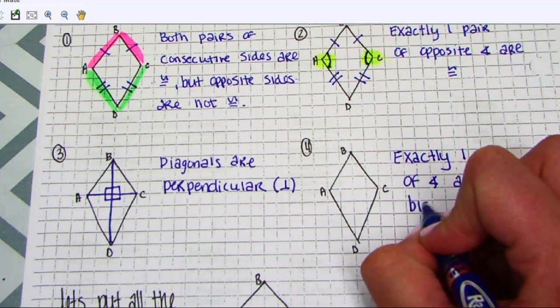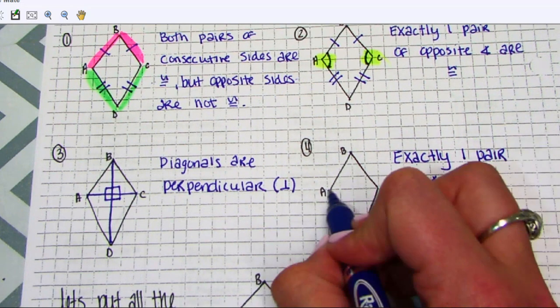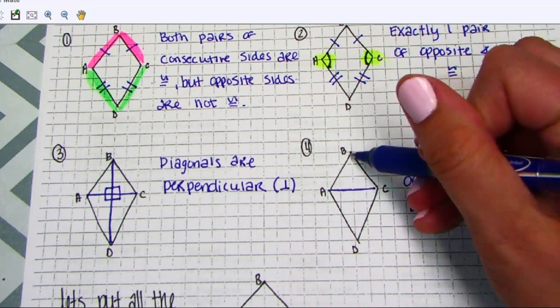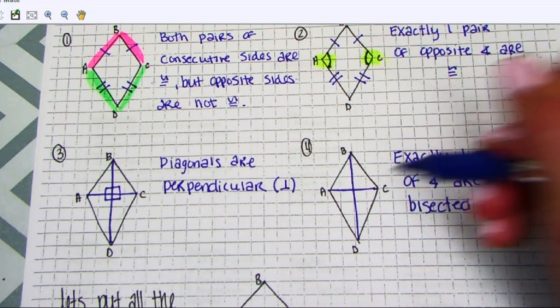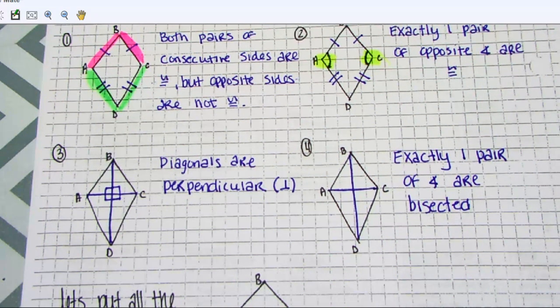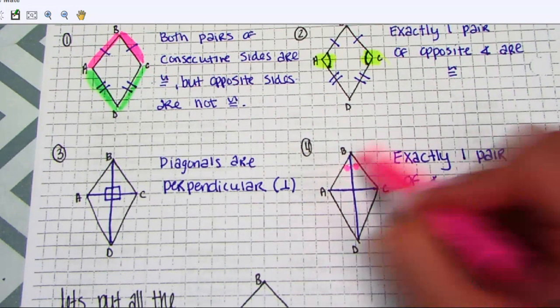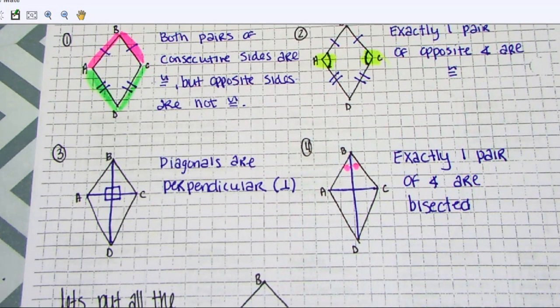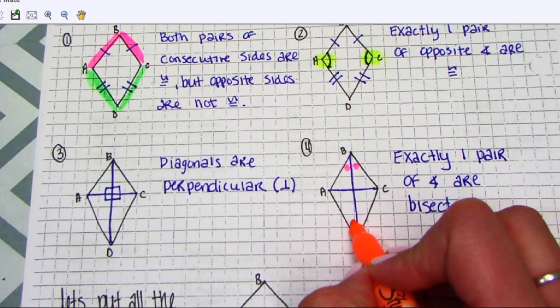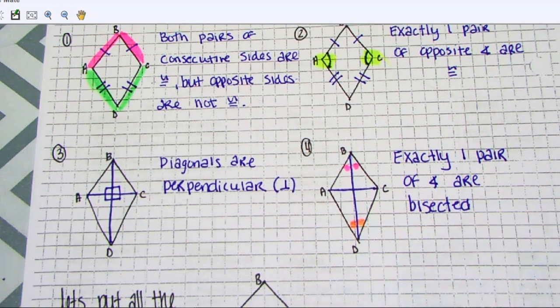Whenever you have your diagonals, they will cut angle B into 2 equal angles here and here. Those 2 top pieces will be equal, and then the bottom 2 will be the same. A and C do not get cut evenly in half. Only B and D, the top and bottom.